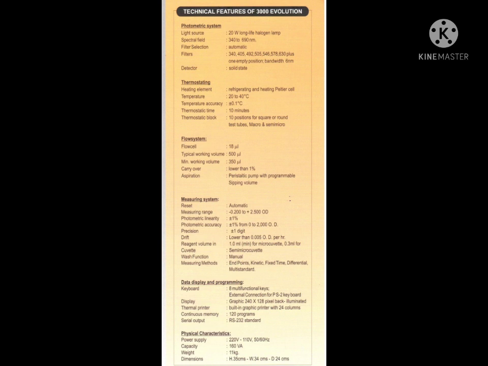It has inbuilt 7 filters and 1 optional position. 340 to 690 nanometer filter ranges are set in this instrument. If you want to put extra, then you have to buy. There is one empty position in this instrument.